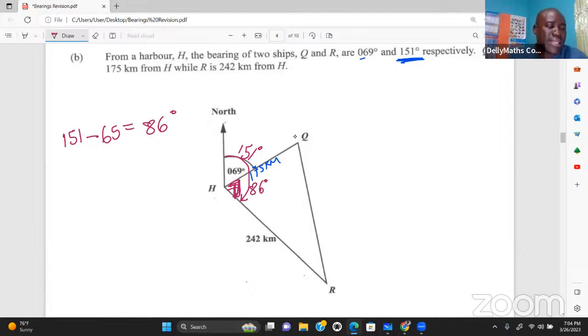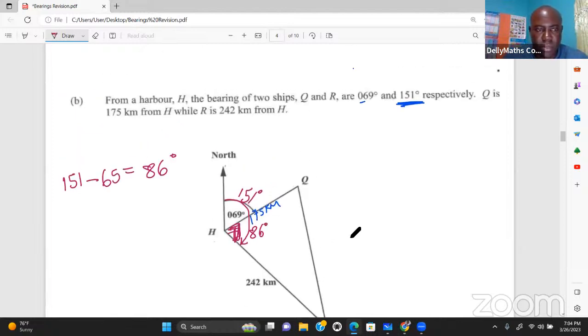I can utilize that 86 degrees to solve. Oh, this is not 65, it's 69, okay? This is a 69, hold on. This is 69. So let me write this back, 69, right? So we have 69, let me put it, 151 minus 69, that's 82 right here.